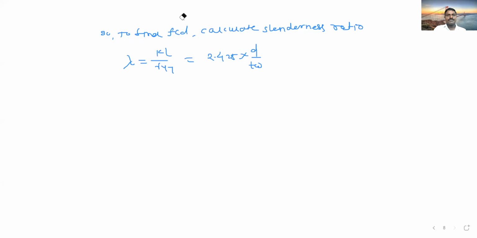Both ways we can calculate, or this formula we have to use. Okay, so write down: for buckling class C, here we have to use buckling class C for this, and find the value of FCD.